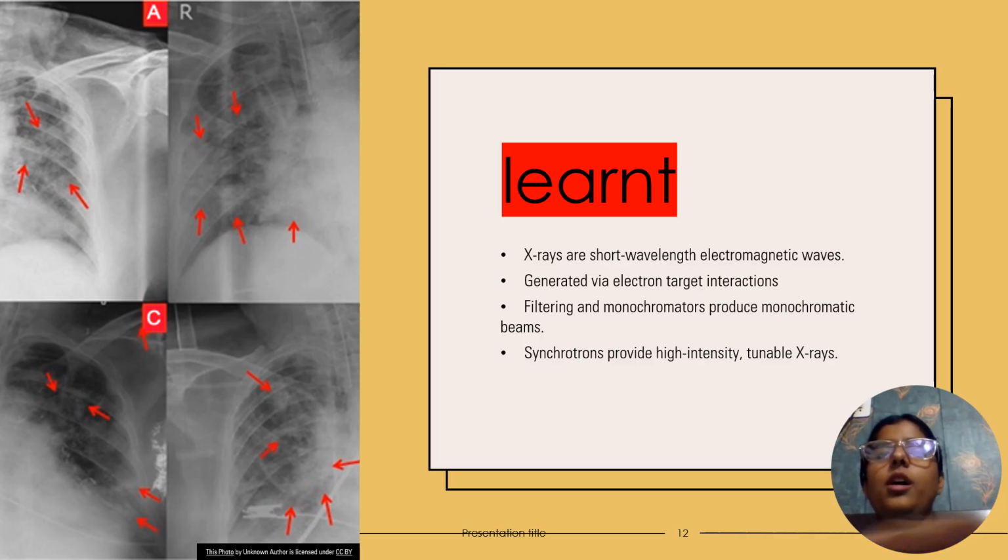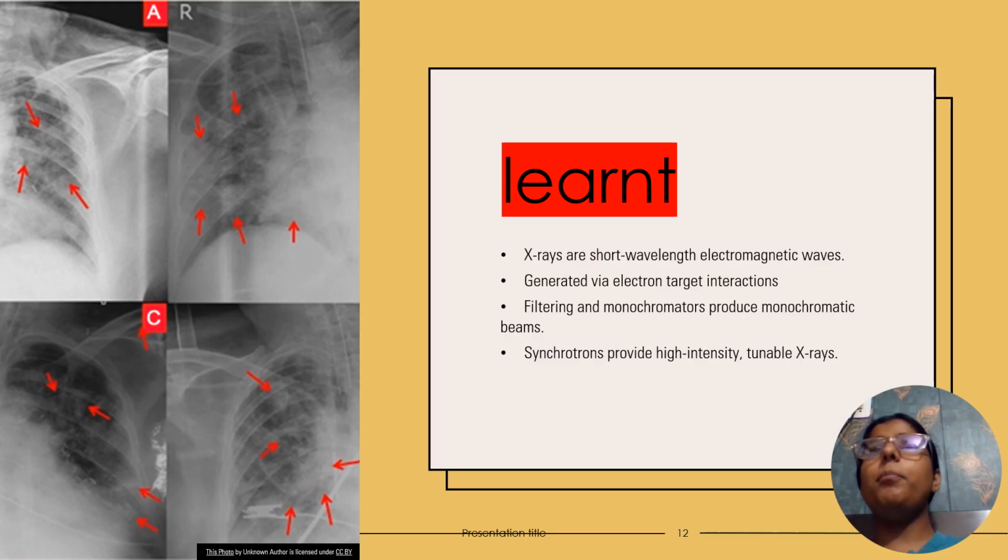So we have learned from these slides in this presentation that X-rays are short wavelength electromagnetic waves. X-rays are an essential tool in exploring the atomic world. From their generation in the conventional X-ray cathode tubes to refining their purities using filters and monochromators, every step ensures we obtain a truly monochromatic and precise beam for diffraction studies.